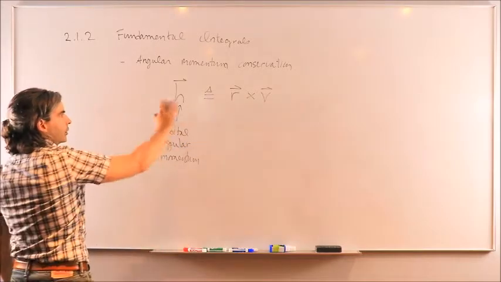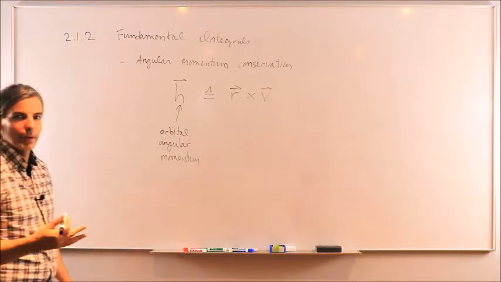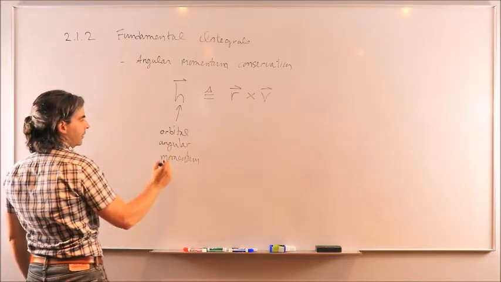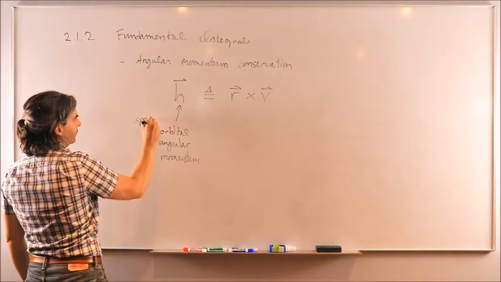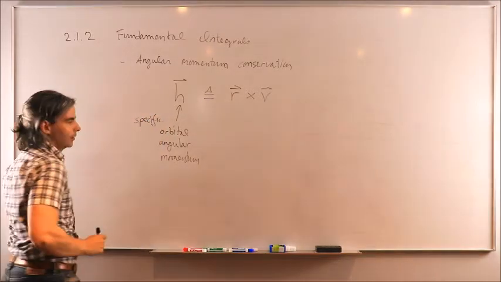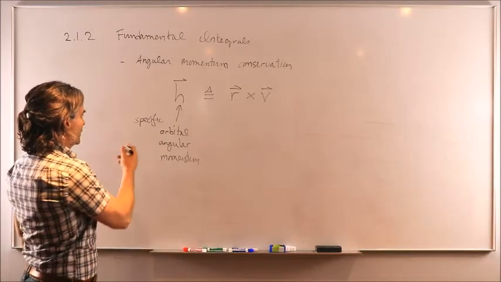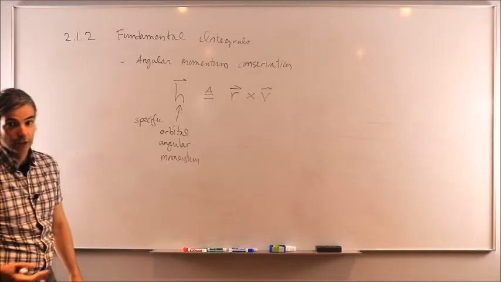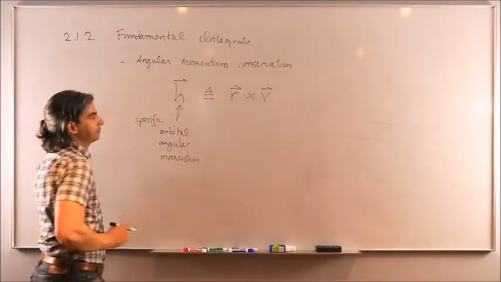And if you look closely at that equation, you realize that, hey, there's no mass again involved in the spacecraft. And this is why, technically, this is not the orbital angular momentum, but rather the specific orbital angular momentum. I'm going to call h specific angular momentum, orbital angular momentum, just angular momentum throughout the course, and I'll always refer to h, okay?